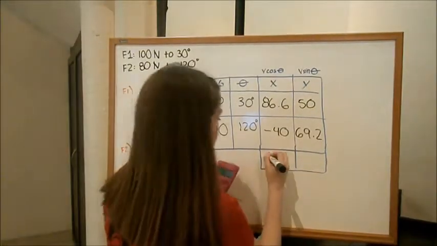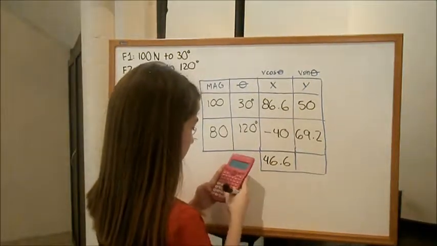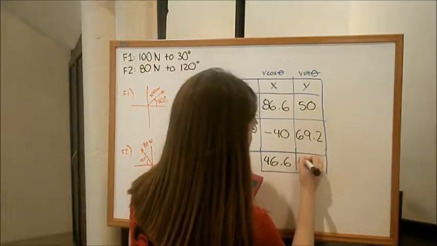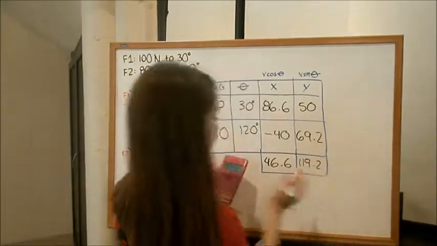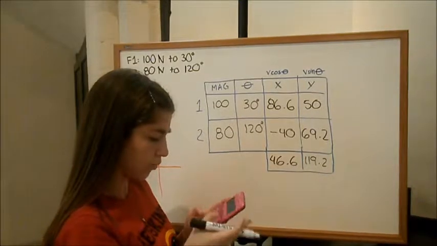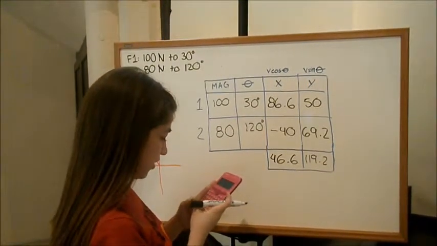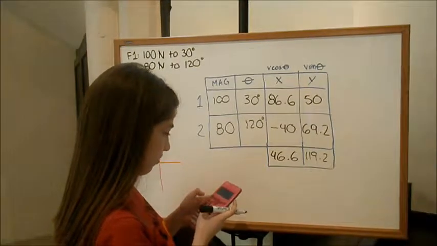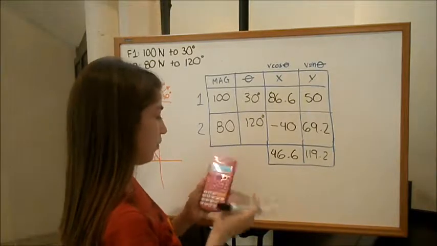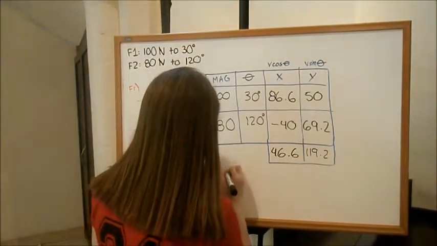Then we get 46.6, and here 50 plus 69 plus 2, 119. And then we do the formula that I already told you of the Pythagorean, 46.6, comma, and then we got the vector and the direction.